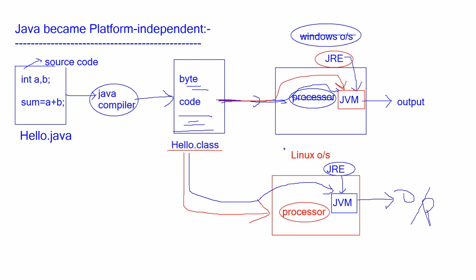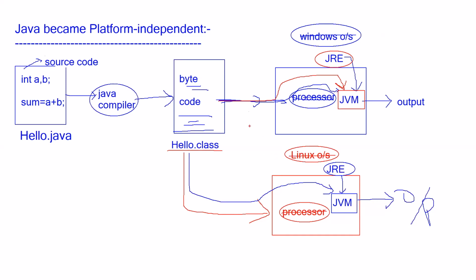So here also, for running this hello.class file, it is not going to depend on the Linux operating system and the computer processor, but it is going to depend on the JRE and JVM to run it.